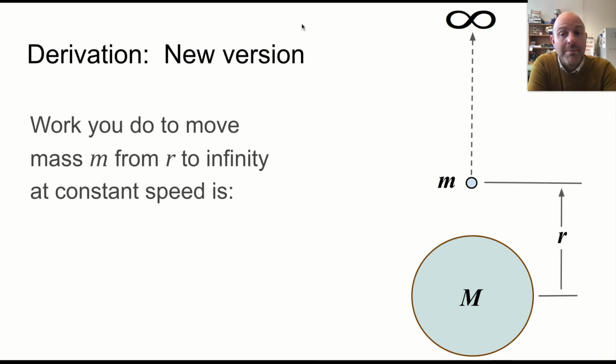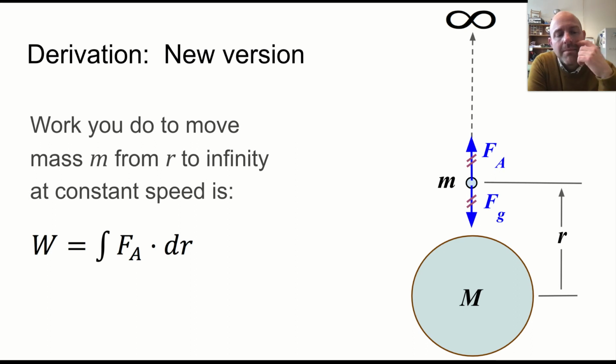That requires work, right? Because there is a force attracting those two masses together. So to move it away, you have to apply a force. So the work is still the same thing, the integral of F dot dr. The big difference is the force is not a constant as it was before, right? These two forces, the force of gravity and the applied force, are equal for the sake of moving at constant speed.